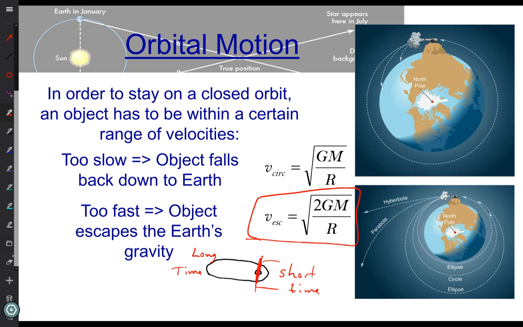But if I throw it at any speed less than that, no matter what direction, it's going to come back. If it's 11.2 kilometers per second or faster and it's not aimed at the Earth, it's going to escape. But slower than that, it can't escape no matter what direction you shoot. So that's what the escape velocity is about. So I'm safe. I can jump as high as I want. I'm never going to escape from the Earth, right?